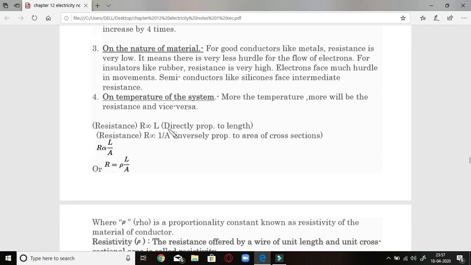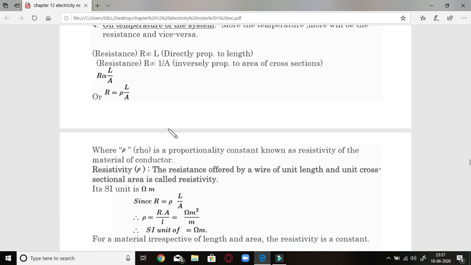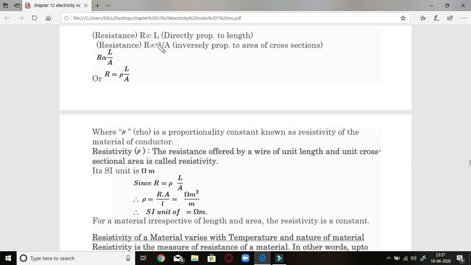Compile it: R is proportional to L. Resistance is proportional to the length of the conductor. Resistance is also inversely proportional to the area, that is 1 upon A. Area of cross section is inversely related.